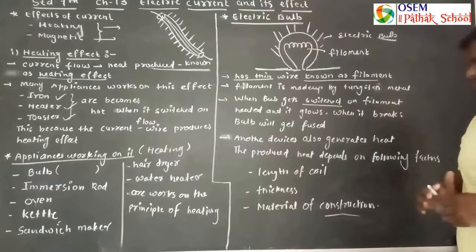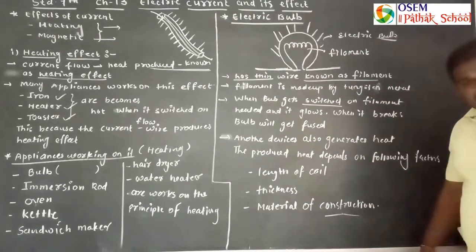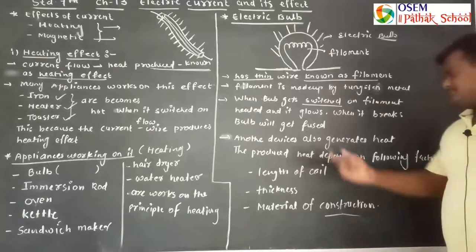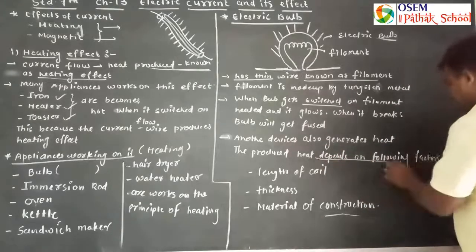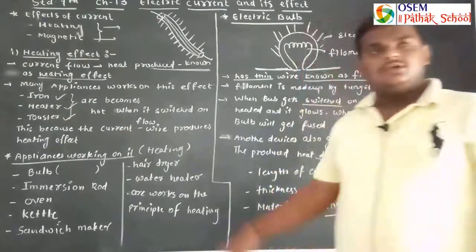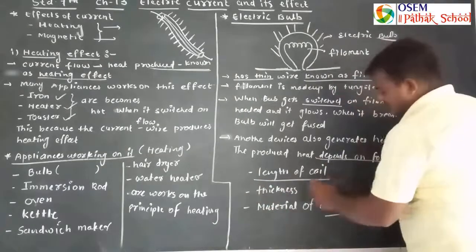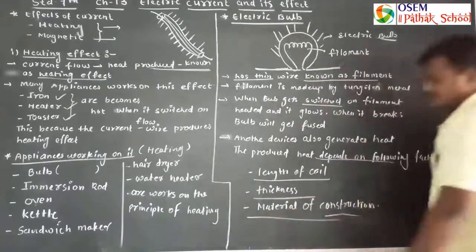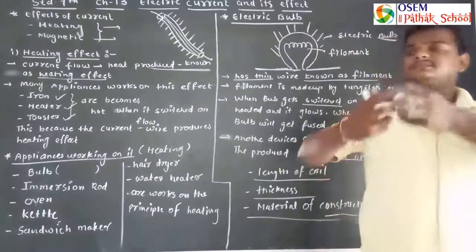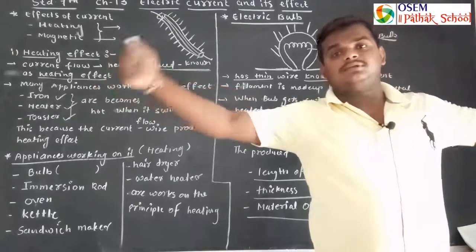It does not glow. Another device, like an electric coil, also generates heat. The produced heat depends on the following three factors in each and every type of appliance or circuit. First is the length of the coil. If we increase the length of the coil, the heating effect will be more.